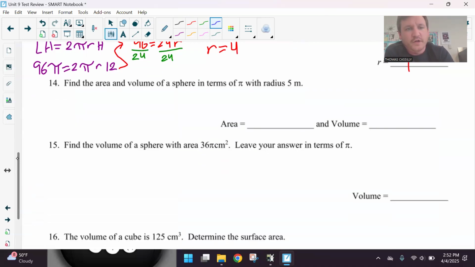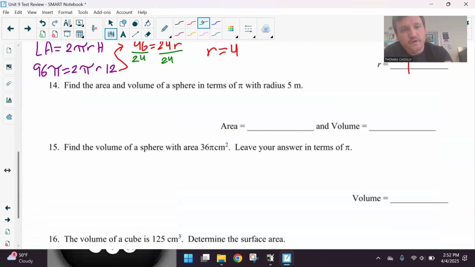All right, find the area and volume of a sphere. First sphere problem of the day. In terms of pi, so that's nice. We'll leave the pi symbol in there. Again, I kind of mentioned this in class. It says the area. A sphere is a three-dimensional shape. When we say area of a 3D shape, we are talking about the surface area. Sometimes we put it, sometimes we don't. It's kind of lazy on our part.